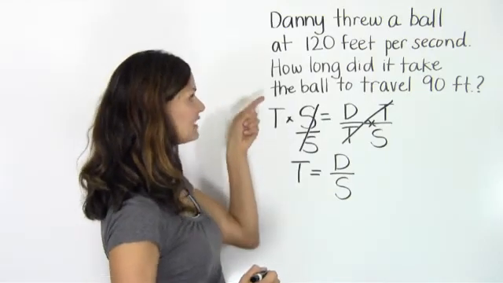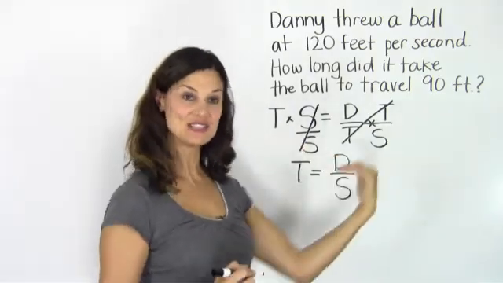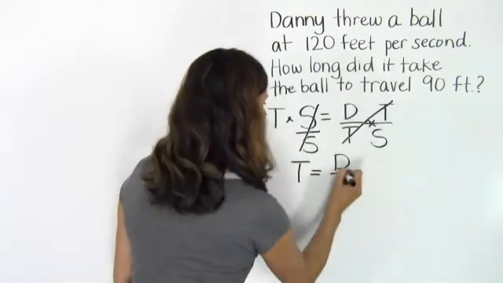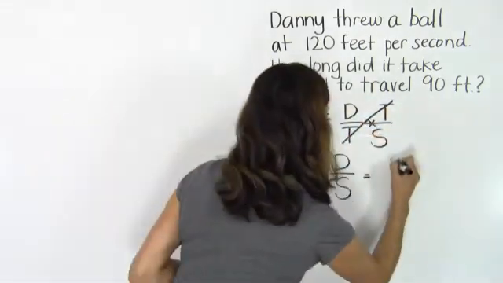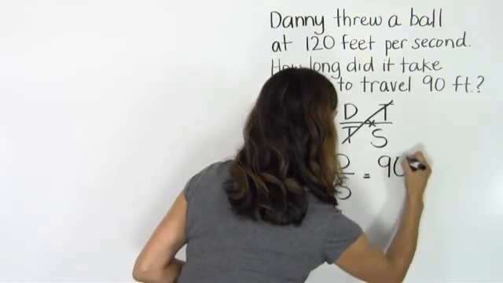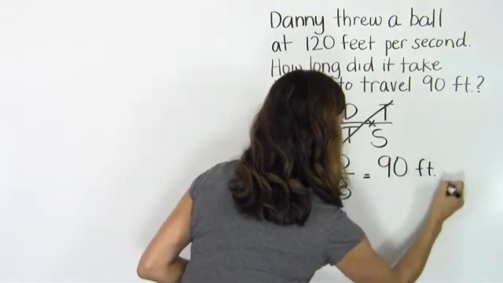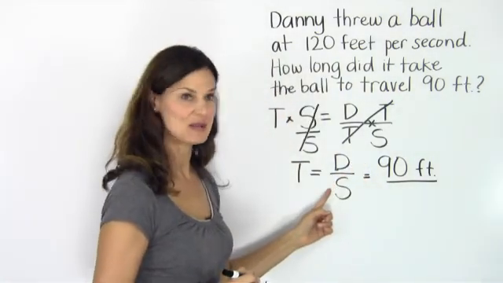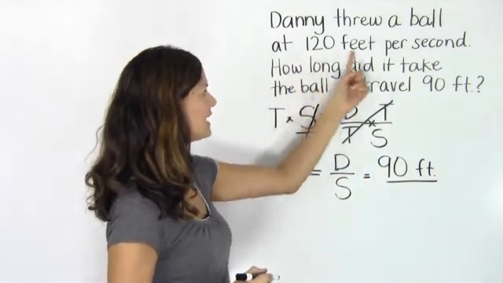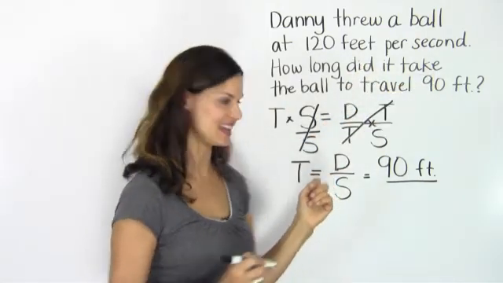So let's plug our information from our example into our new formula here. So distance is a distance of 90 feet. So I'm going to plug 90 feet here into my numerator, and my speed in my problem up here is 120 feet per second.